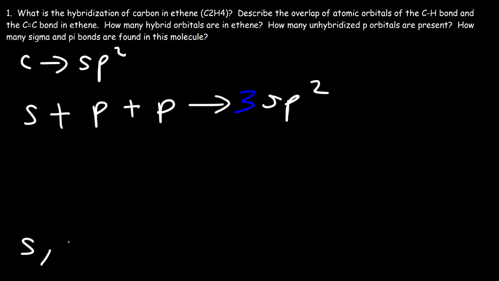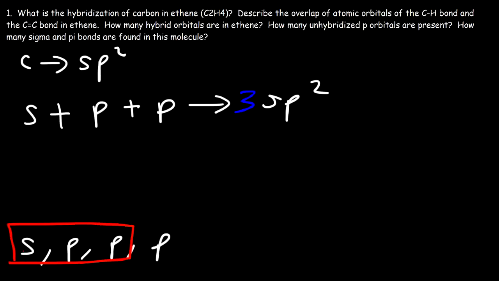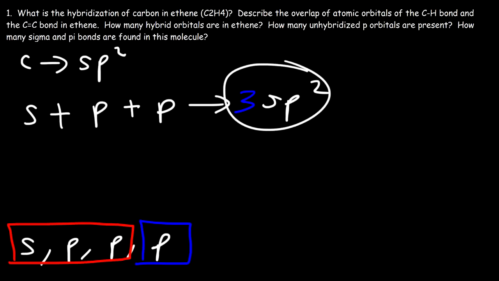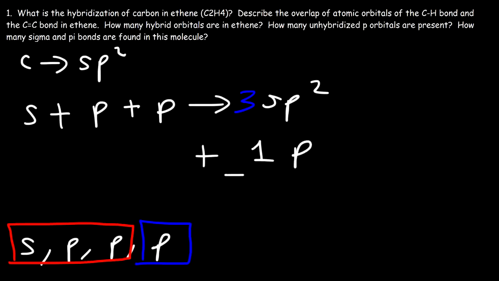Carbon has an s orbital and 3 p orbitals. So notice that we've only used 2 of the 3 p orbitals, which means that there's 1 p orbital that didn't participate in the hybridization process. So every carbon atom in this ethene molecule is going to have 3 hybrid sp2 orbitals plus 1 unhybridized p orbital.